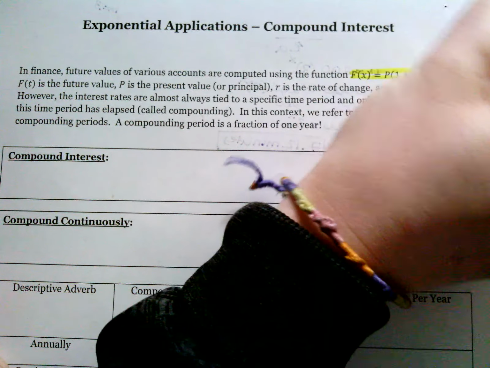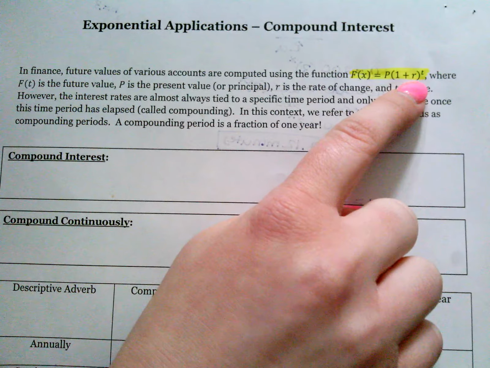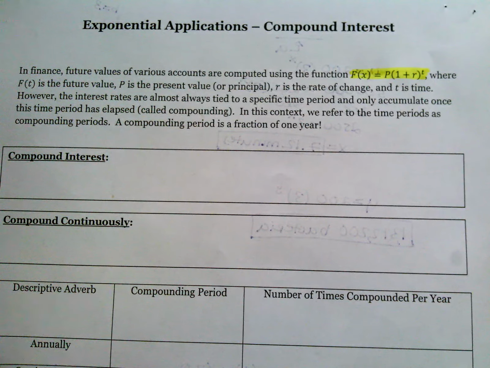This is essentially like what you've been working with, where it's a times b to the power of x, where a is your initial value, it's your y-intercept or your starting point. B is your multiplier, or your growth or decay rate. That's the same thing that's here, right? If something's growing at 50%, you're going to be multiplying by 1.5.